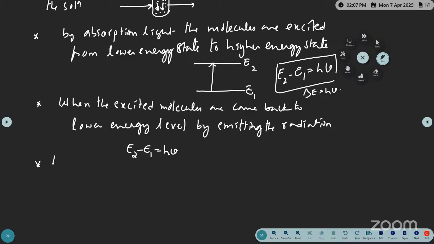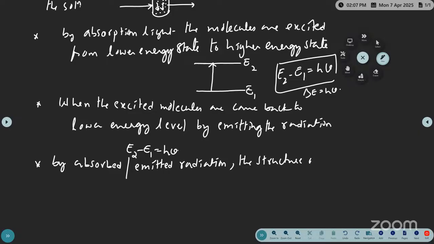By absorbed or emitted radiation, the structure of the compound can be determined.